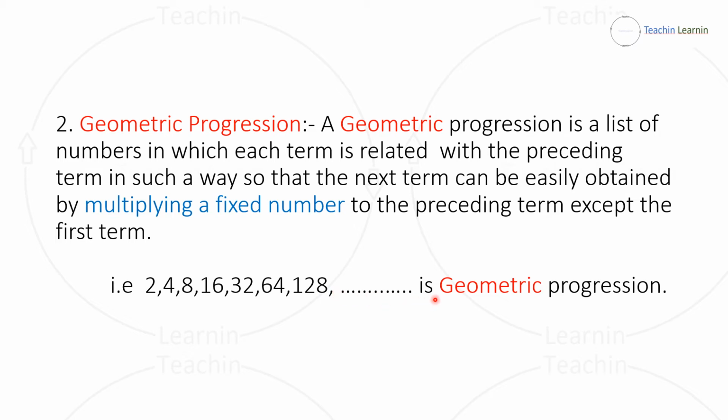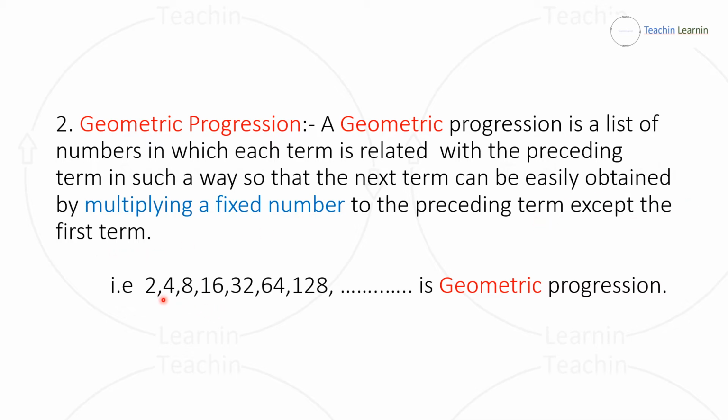So how can you define geometric progression? A geometric progression is a list of numbers in which each term is related with the preceding term in such a way that the next term can be easily obtained by multiplying a fixed number to the preceding term except the first term.